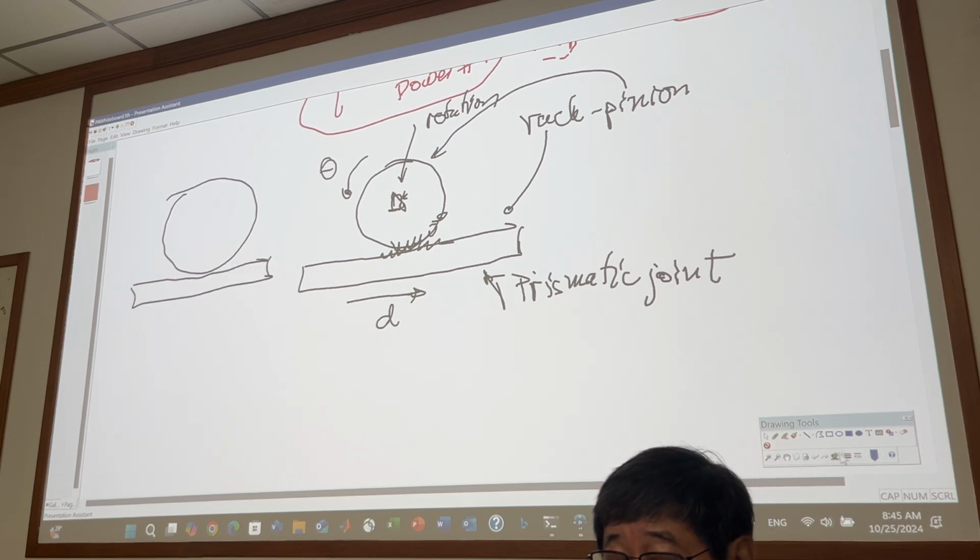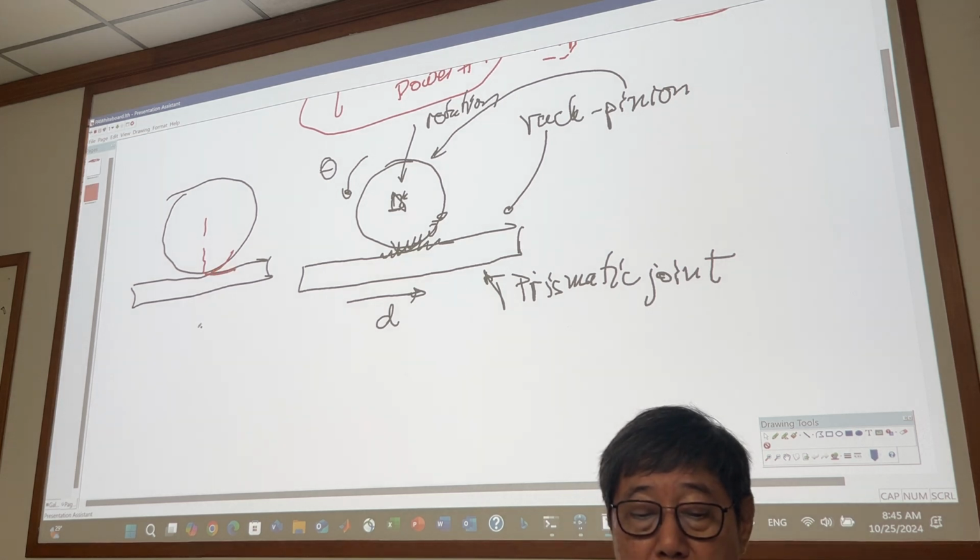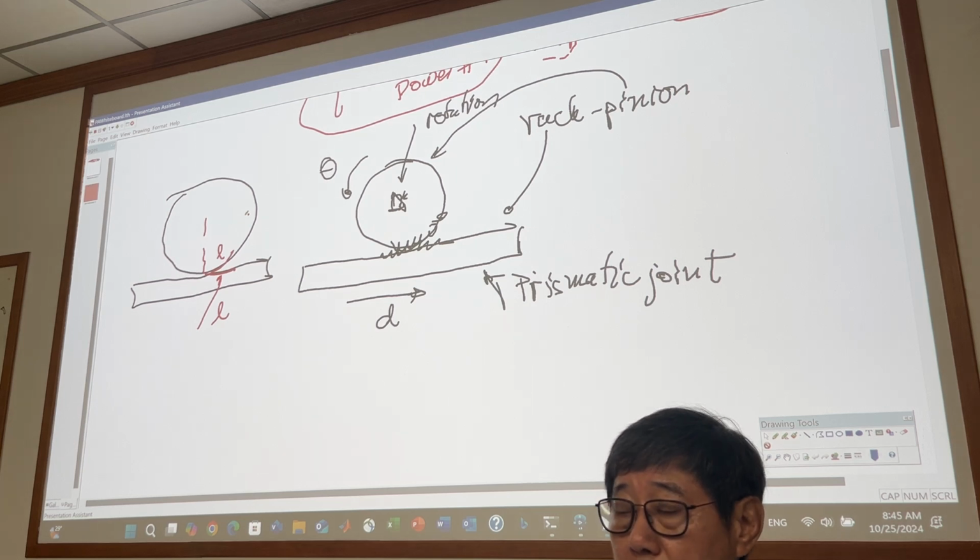If you have this as your motion, this one or this one, these two have to be the same, right? L1 and L2, right?